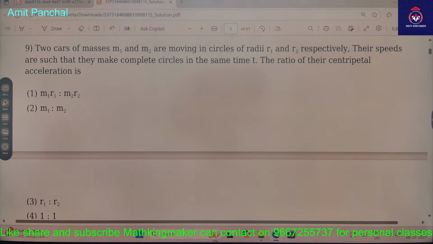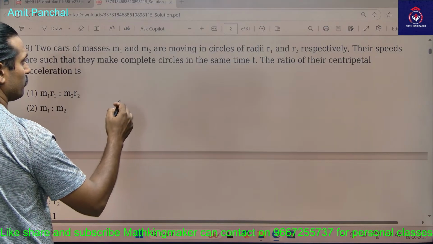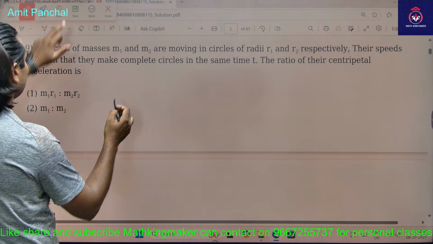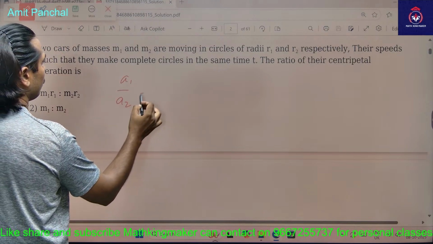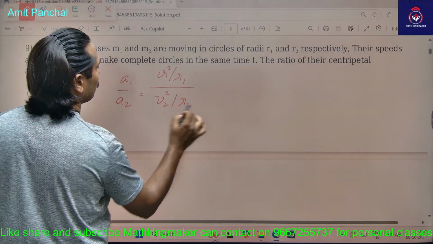Is the formula for simple acceleration d omega by dt? Yes, but let me just solve it. You need acceleration as V square by R. If you need to compare it, there will be A1 by A2, that will be V1 square by R1 upon V2 square by R2, isn't it?